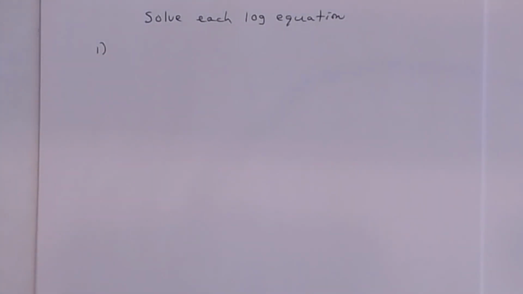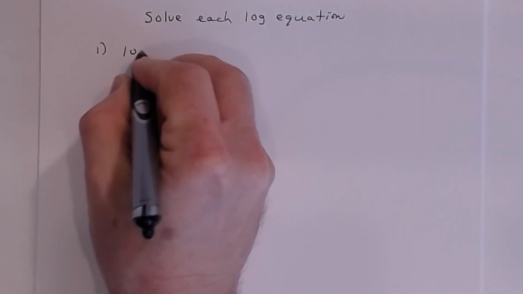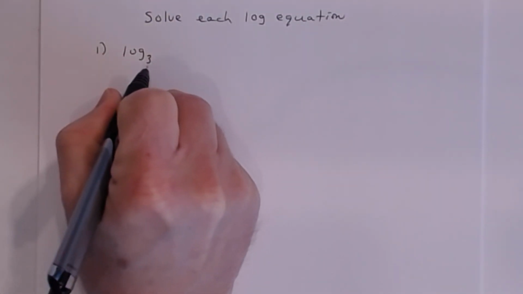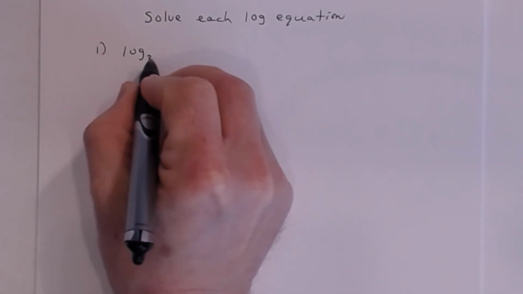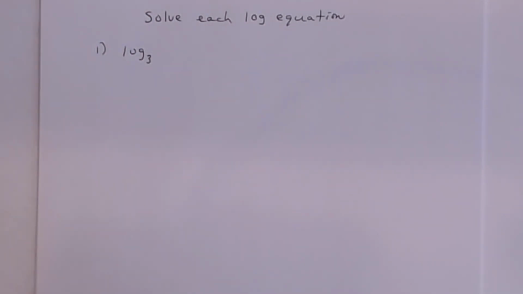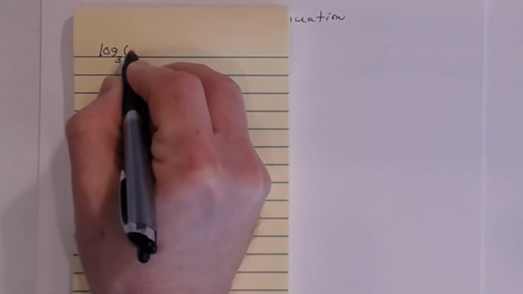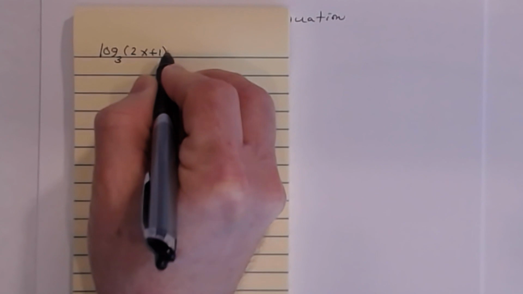All right, so let's look at example one. So let's solve this log equation. So the first one's going to be the log base 3. So notice the base is always a subscript. If this was lined paper, you would write it like this: log base 3, like this, of, in parentheses, 2x plus 1 equals 2.